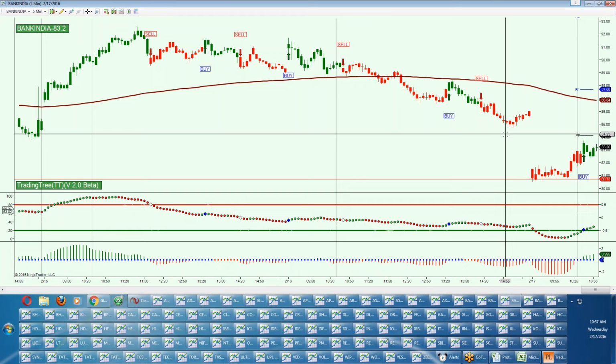Bank of India already did its final target in your cash tree here.